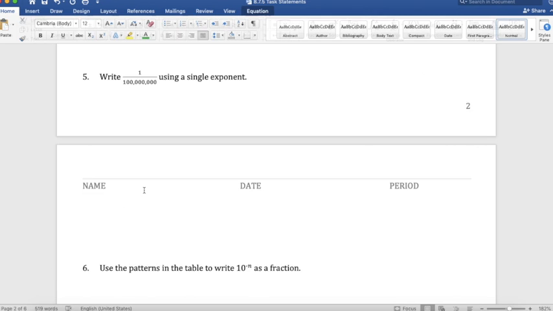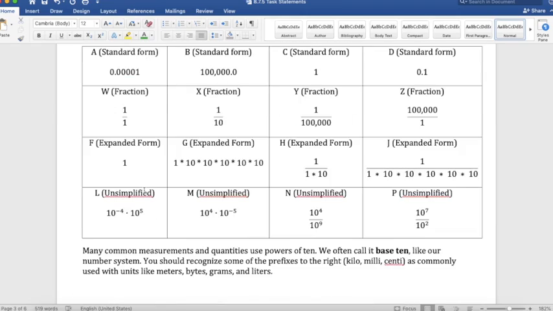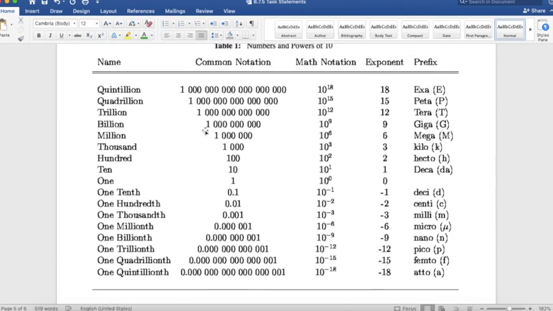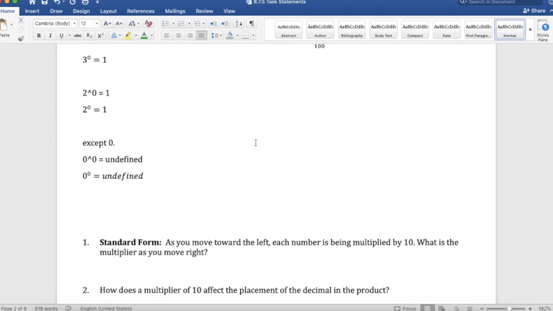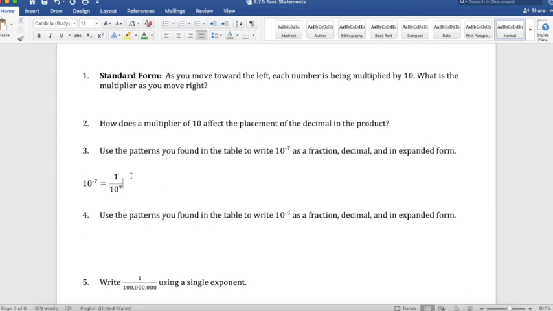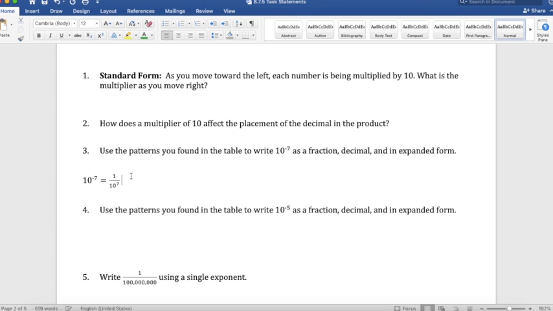And let's look at our table. 10 to the 7th power is, I have them down here. It's about 10 million. Sorry. So it's really 1 over 10 million. So there's the fraction. 1 over 10 million.